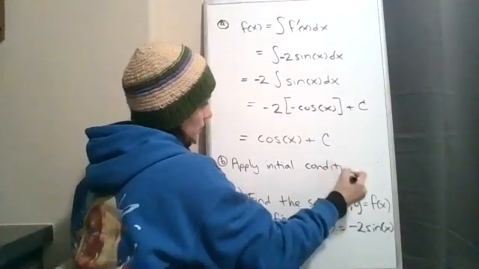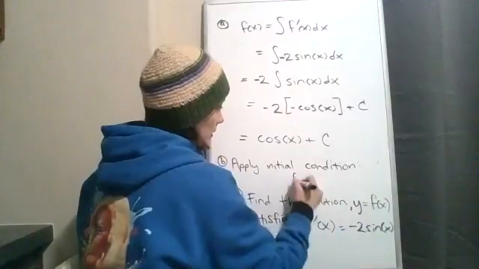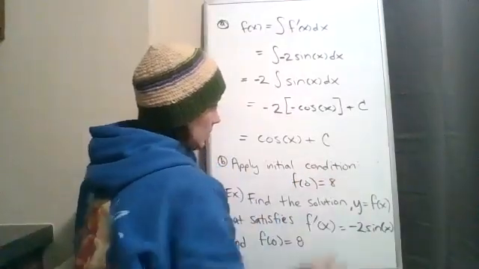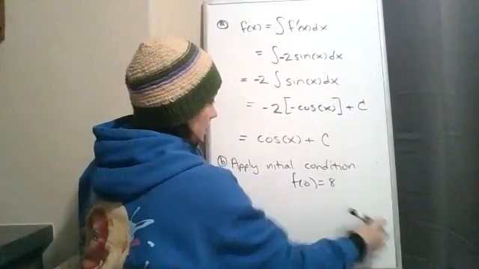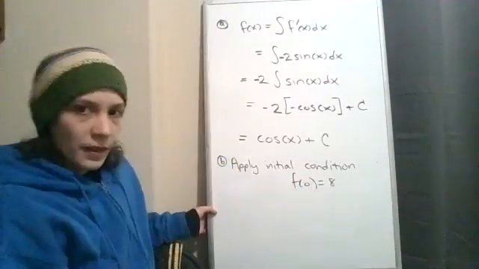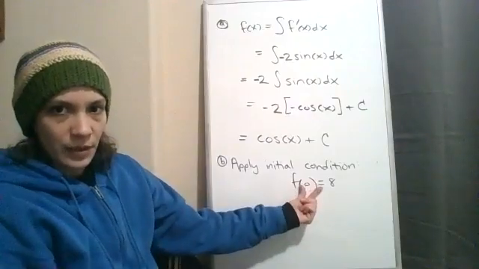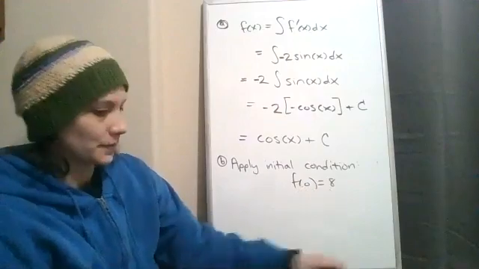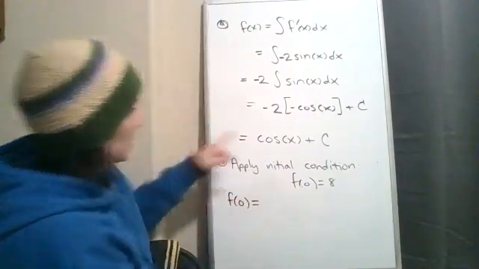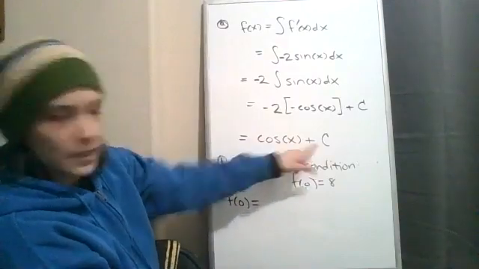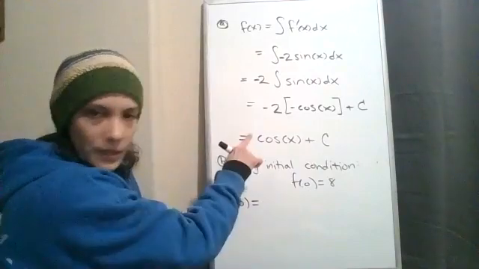F of 0 equals 8. Okay, so first we'll put in x equal to 0, and then we'll put in f of 0, which equals 8. F of 0 is 2 times cosine of 0 plus c. Oh, I missed a 2 right there.